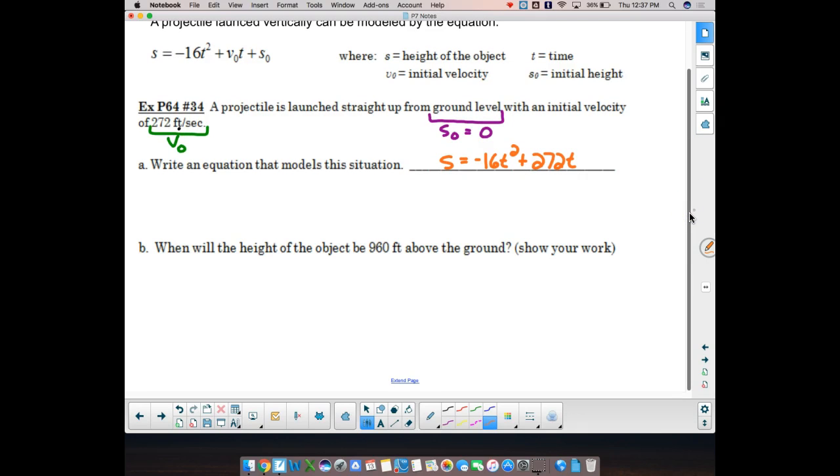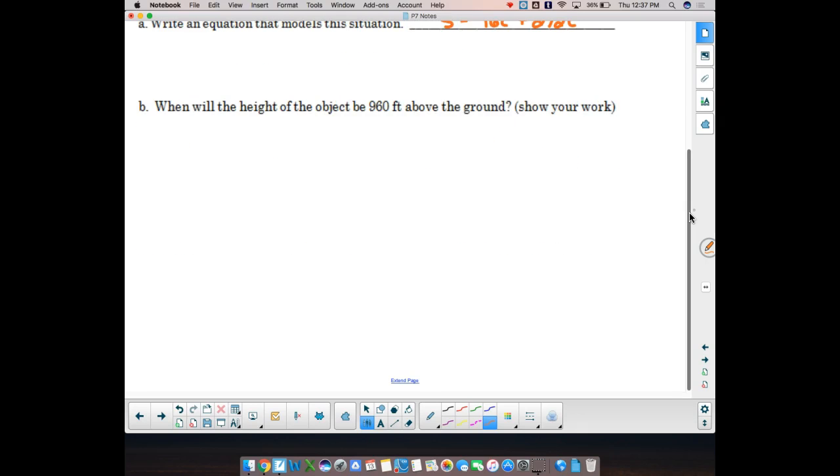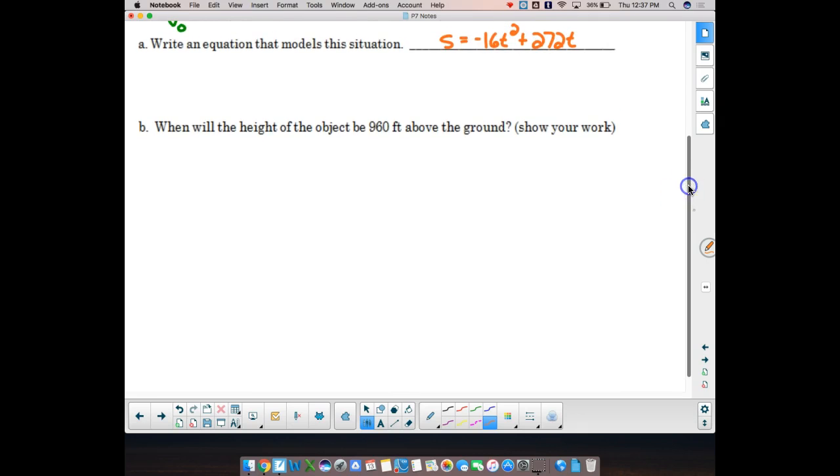When will the height of the object be 960 feet above the ground? Okay. So how would I figure out when that object is going to be 960 feet above the ground?